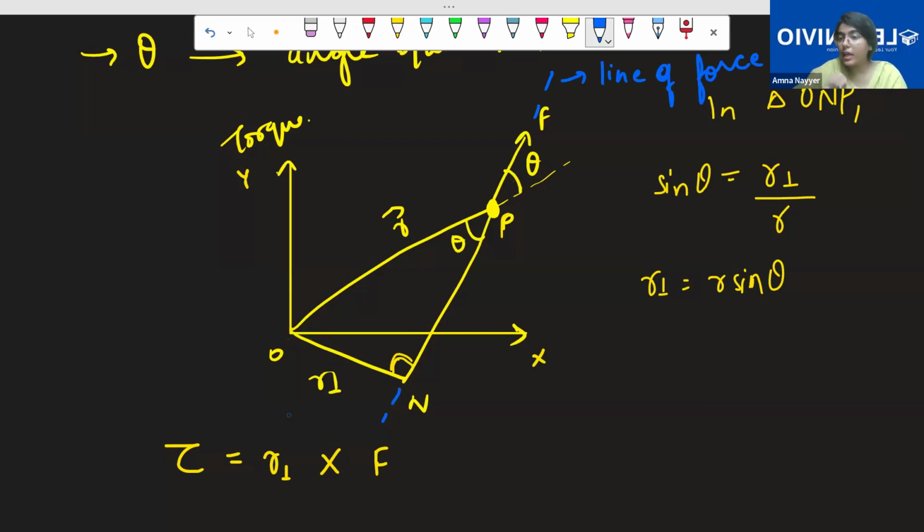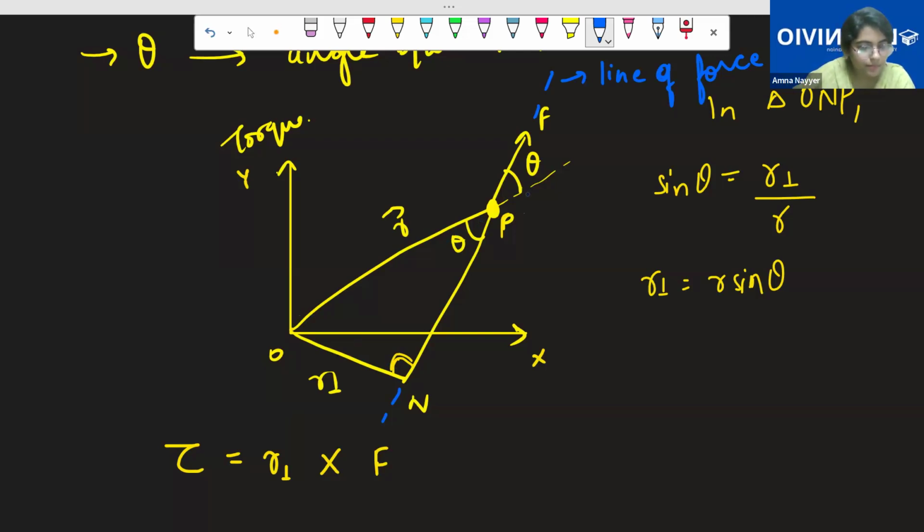In any question you solve, keep in mind that you will be using R perpendicular. You can never use just any radius. If a radius is provided, you take its component to make the perpendicular. Like in this triangle, sine theta is R perpendicular divided by the hypotenuse.